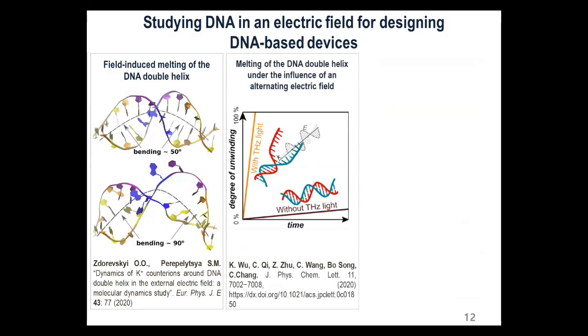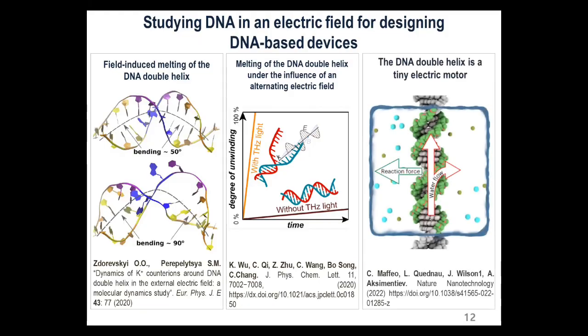Also we found in literature that there were simulations where DNA melts under the influence of an alternating electric field, and it was shown that it depends on the frequency of this field, and this process is facilitated.